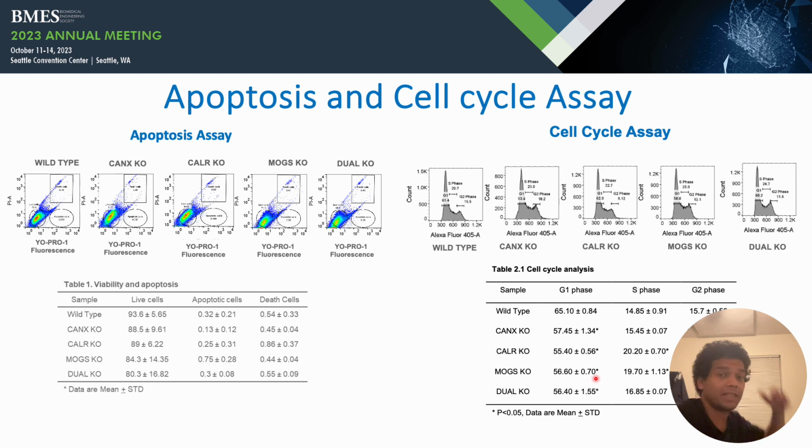This could indicate that Calreticulin and MOGS knockout might interact with proteins that play a role in the G1 phase and S phase cycle.